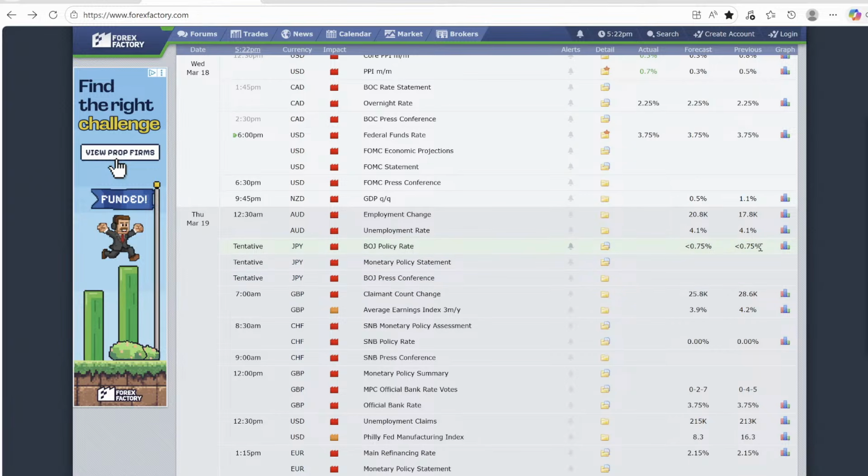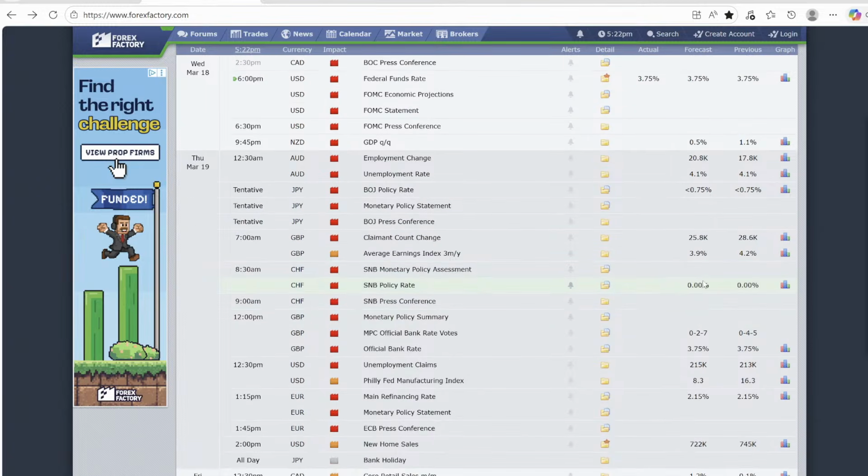We got interest rate for the yen tonight, which possibly we're waiting for a turn on the yen pair, so maybe that could be a decent turn. We'll see, but not really a whole heck of a lot going on, is there? It's the things that are not on the schedule that have been the problem. And we also have the Bank of Switzerland interest rate this week, and we got the UK doing interest rate this week.